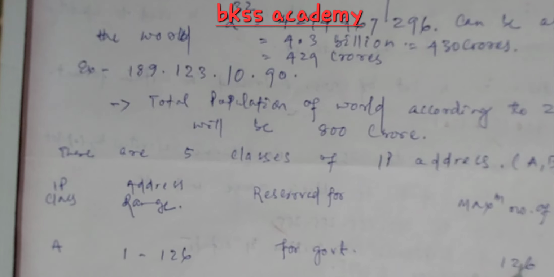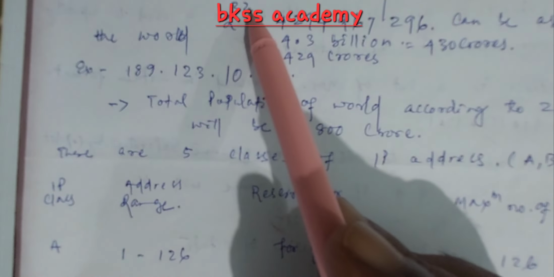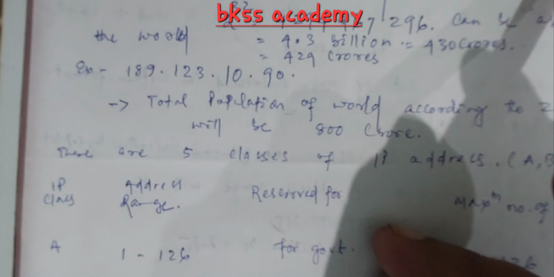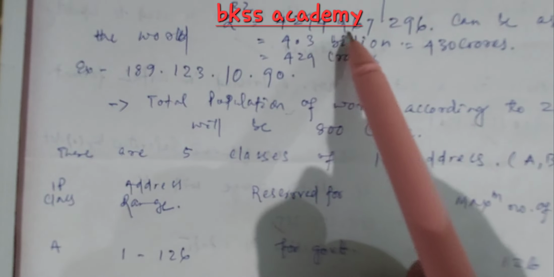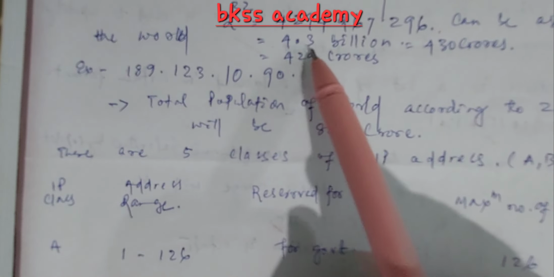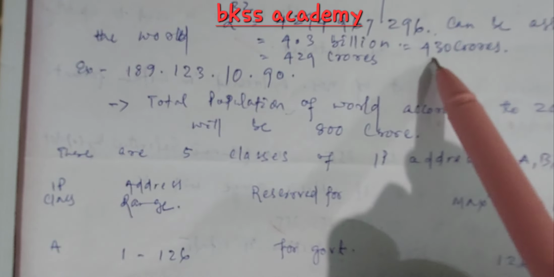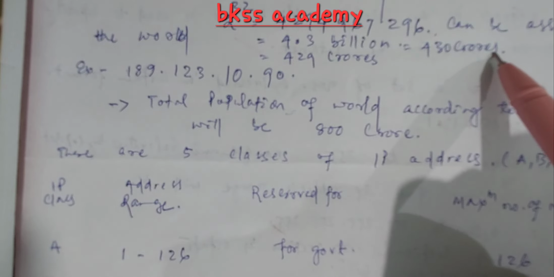The total number of devices in the world that can be assigned an IP address is 2 to the power 32, because of the 32-bit data. So 2 to the power 32 is 4294967296, which can be assigned to 4.3 billion, that means 430 crore nodes.